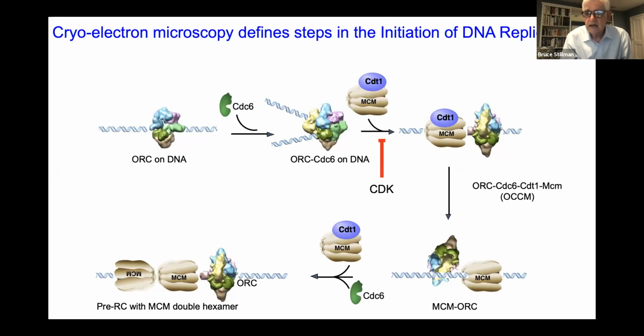And then the OCCM, as we call it, the ORC-CDC6-CDT1-MCM complex, ATPases are activated in this complex, both the CDC6-ORC1 ATPase and the MCM ATPase, to form this structure where ORC moves over to the other side of the MCM, as shown by John Diffley's laboratory, and then recruit a second MCM chaperoned by CDT1 and CDC6 onto this to form head-to-head hexamer subunits.